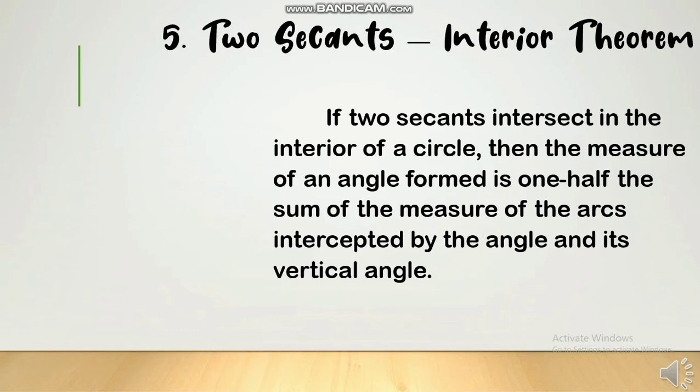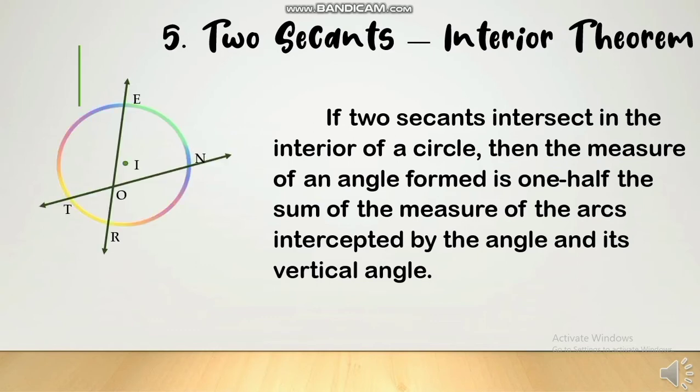So this time, the angle is in the interior of the circle. So in the figure, we have two secants, line ER and line PN. The two secant lines intersect at point O. So we have two interior angles: angle EON and angle POR.